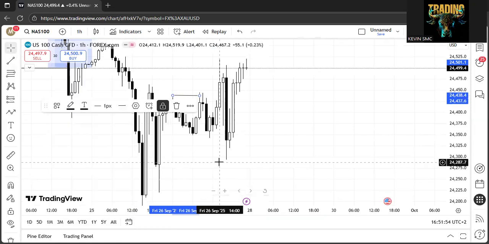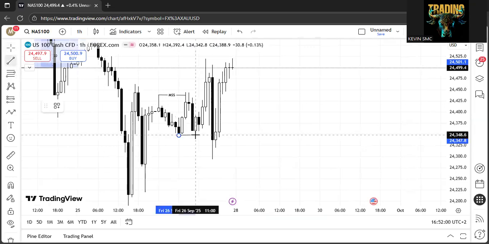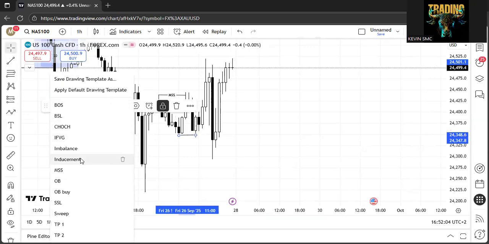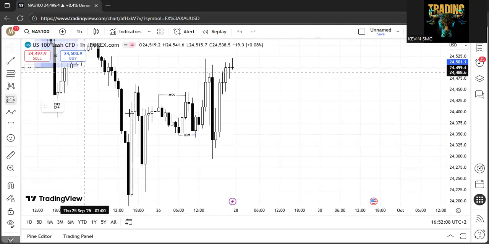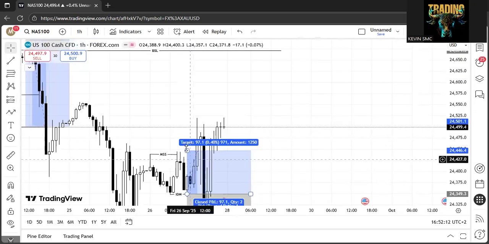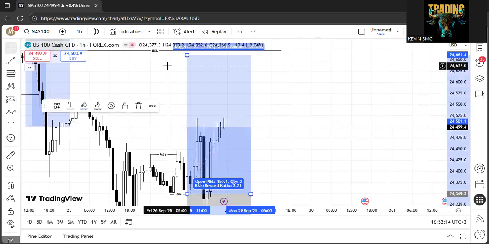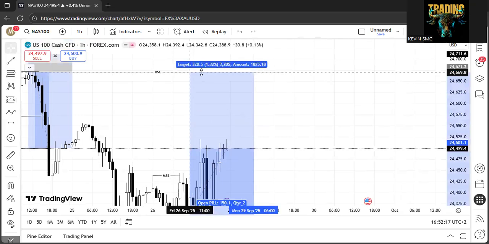This is our change of character, and then this is our inducement. It was reacted to at the same time, therefore we got our entry point. This is our entry point, and then we target our buy side liquidity, which is over 300 pips to the upside.